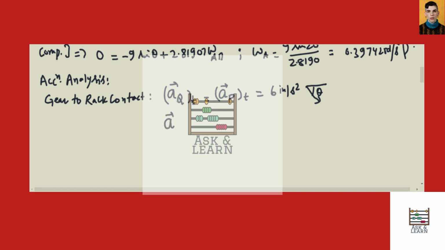Acceleration of Q normal is acceleration of P normal plus R omega square rod in this direction.